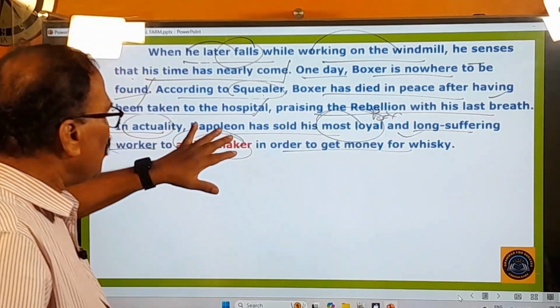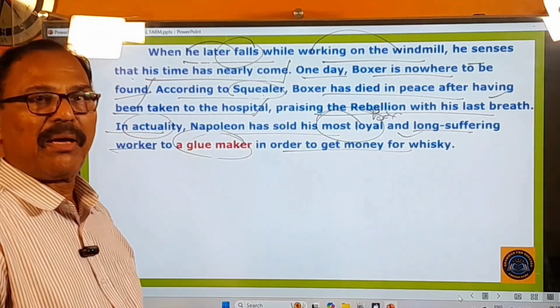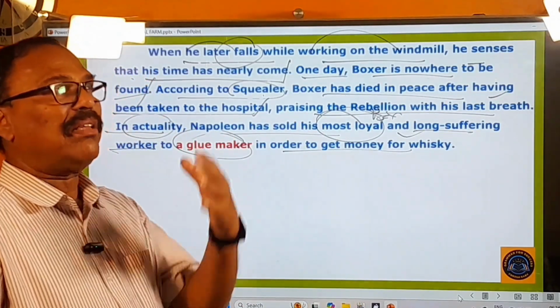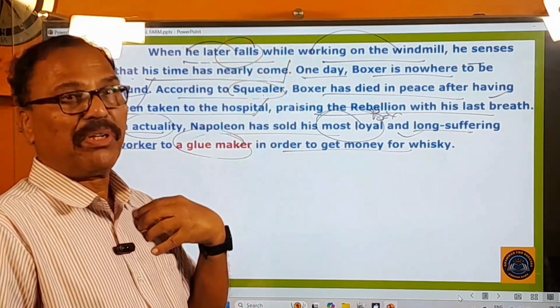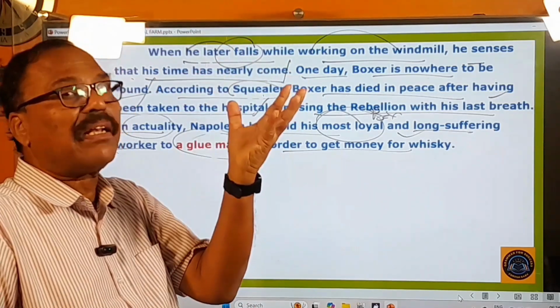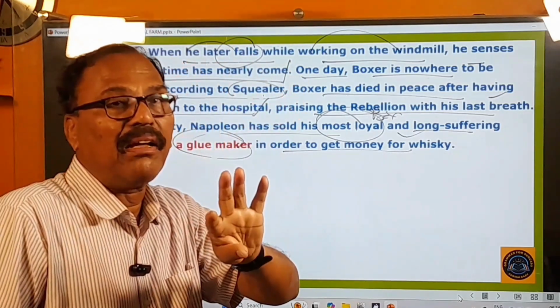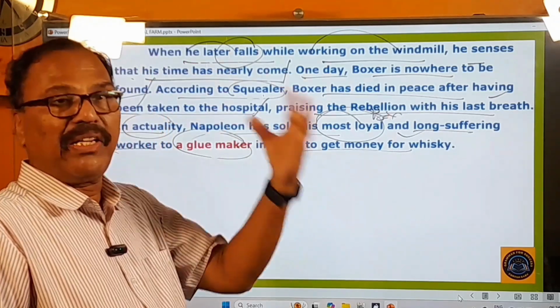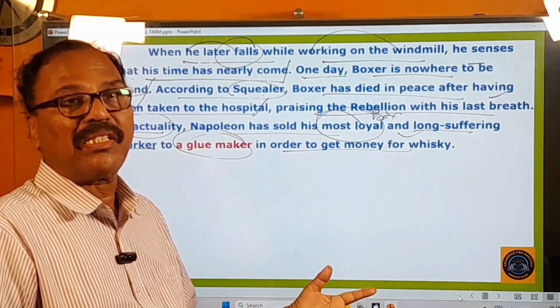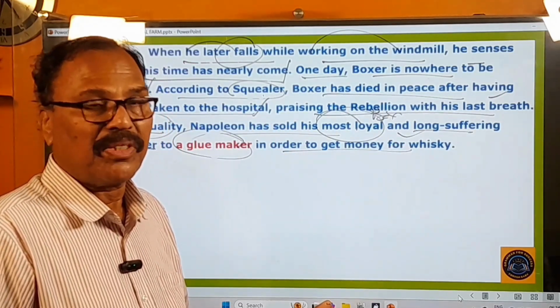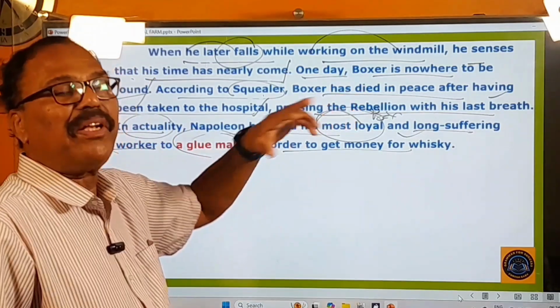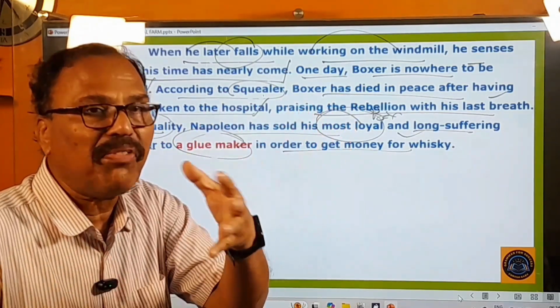You can understand. So in a dictatorship government, what happens, you might think that the leader is in favor of you, but you don't know when that leader changes his mind against you, and when he will punish you. All these things you don't know. So here this Boxer is a very devoted worker in that farm.